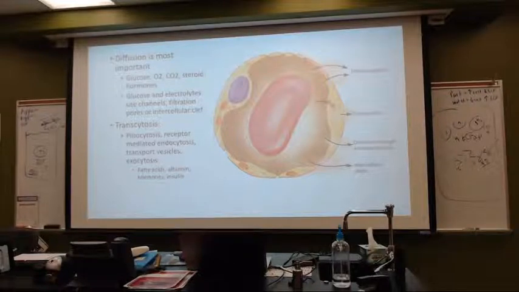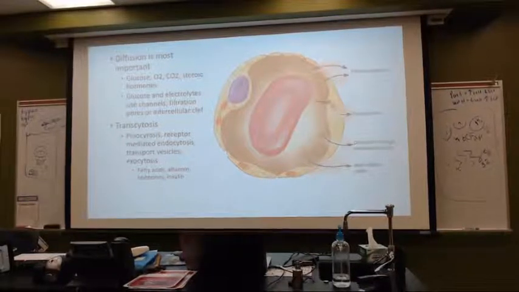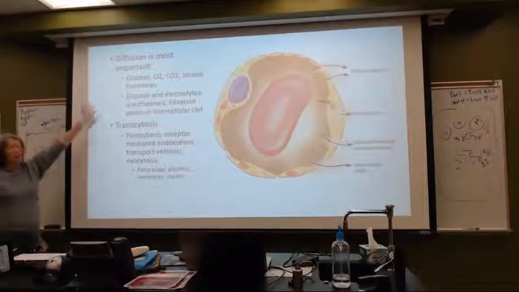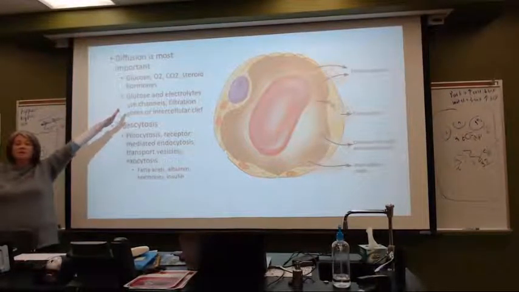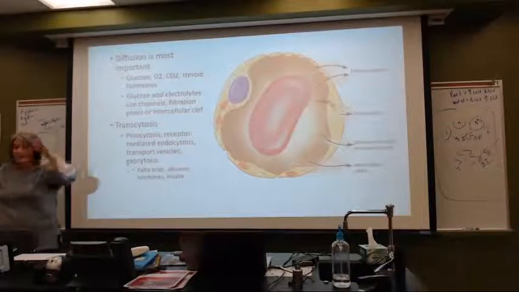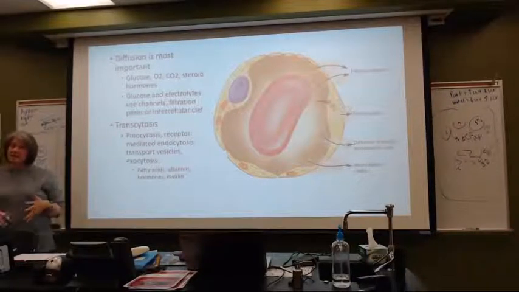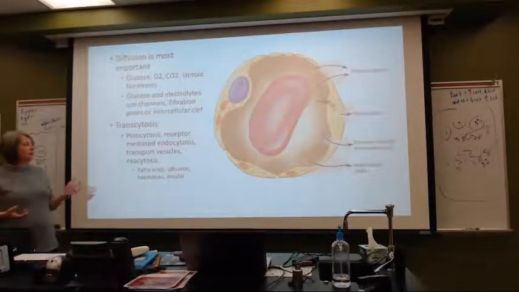Okay, so like we've been talking, what becomes important is the movement of the materials. And we have talked a lot about these particles that are carried in the blood that are important, these nutrients, the things that the cells need.